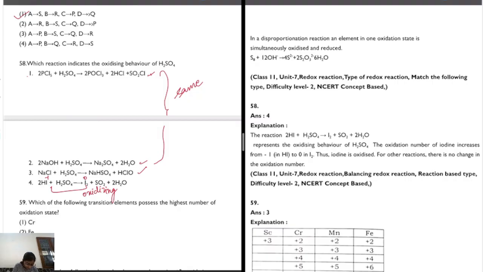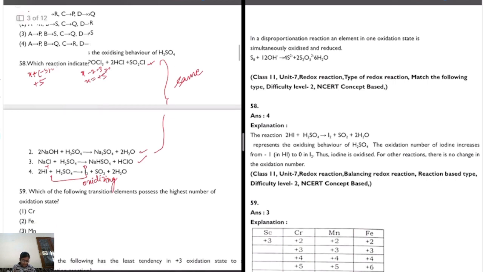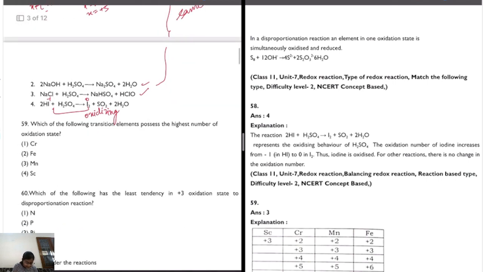See here, it is PCl5. Therefore, if we see the oxidation state of P, it would be X plus minus 5 equals 0. It would be plus 5. Here also it is plus 5. Why? Because X minus 2 minus 3 would equal 0. It would be plus 5. Here the oxidation state of Na would be X minus 2 plus 1 equals 0.